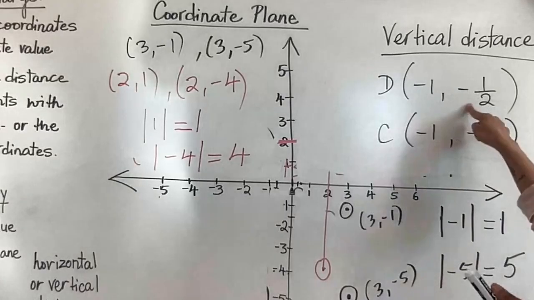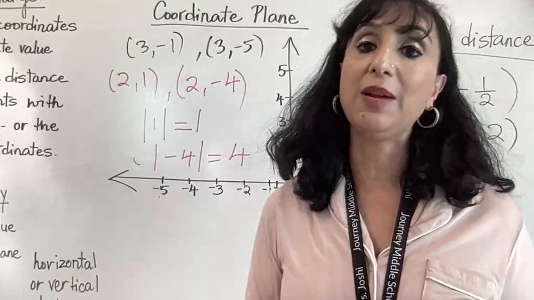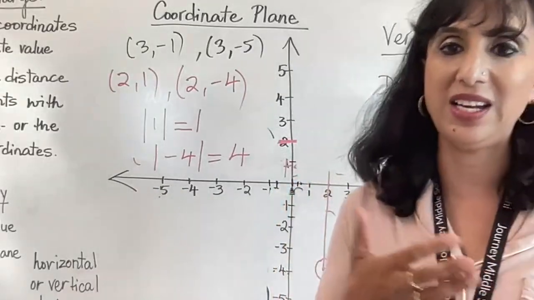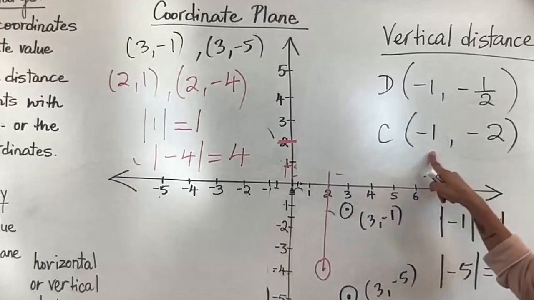When I have negative, negative, both with the negative sign, that means it is going to fall in quadrant 3, because in quadrant 3 I have negative, negative. Now I can see that the x-coordinate is the same.